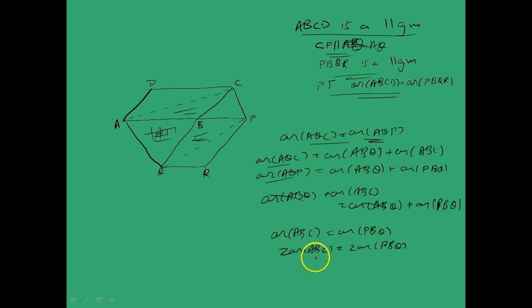So therefore 2 times the area of ABC is equal to area of ABCD, and similarly 2 times the area of PBQ is equal to area of PBQR. Hence proved.